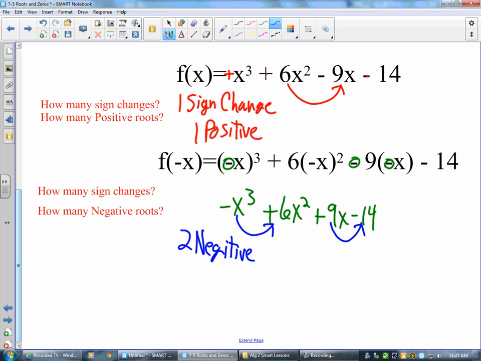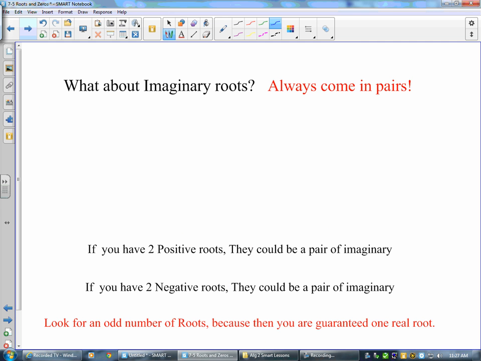However, one thing I want you to know is that imaginaries always come in pairs, and so there may be 0 negatives. And I'll talk about this in just a second. So why do imaginaries come in pairs?